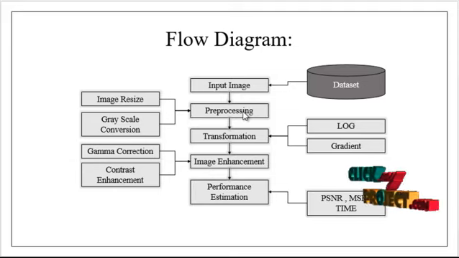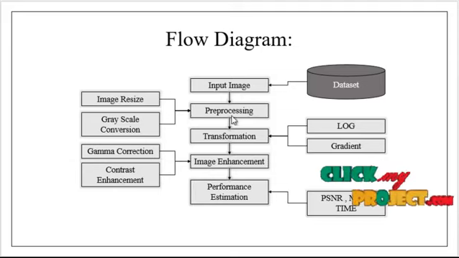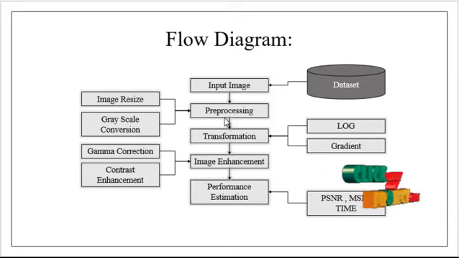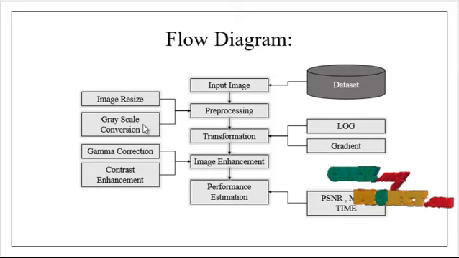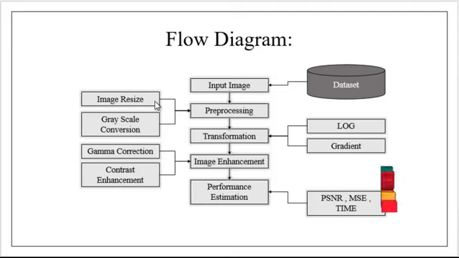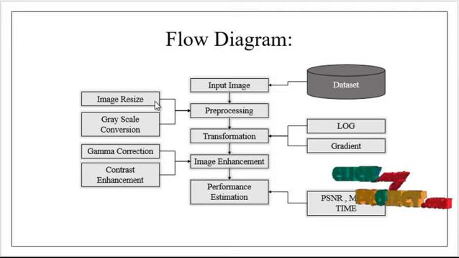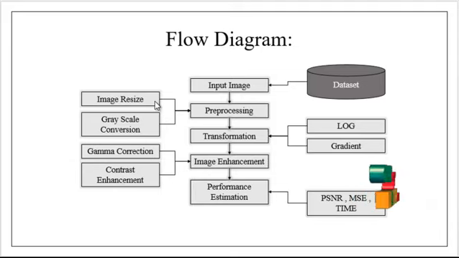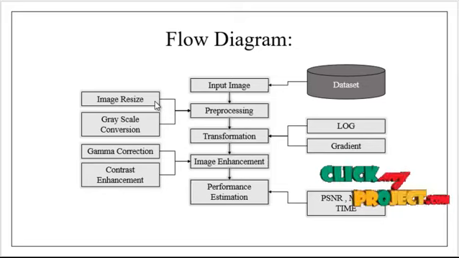After the selection of the input image from the dataset, the pre-processing is carried out. In this pre-processing, there are two stages: one is the image resize, and the other is the grayscale conversion. Image resize is basically done to transform the image from low dimension to high dimension, or high dimension to low dimension, which is upscaling and downscaling, to ensure the image fits the size.